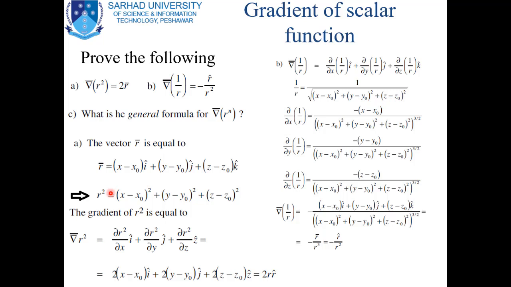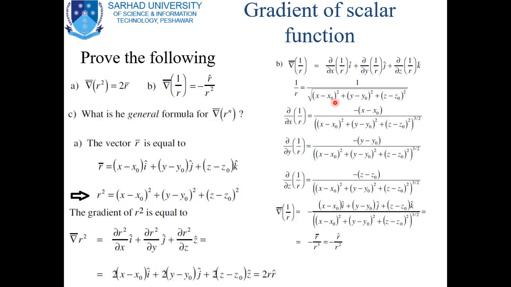Here r square is equal to (x minus x naught) whole square plus (y minus y naught) whole square plus (z minus z naught) whole square. And if you want to find only r, you have to take the square root on both sides. So r will be equal to this.